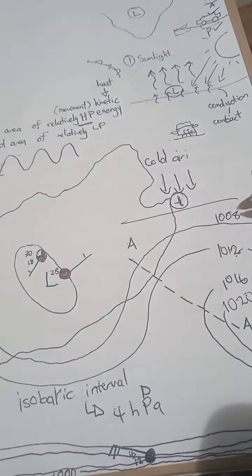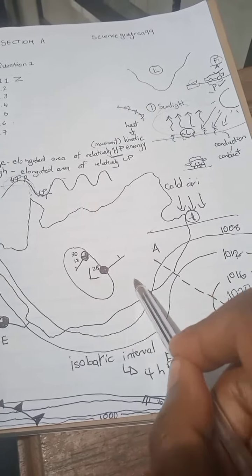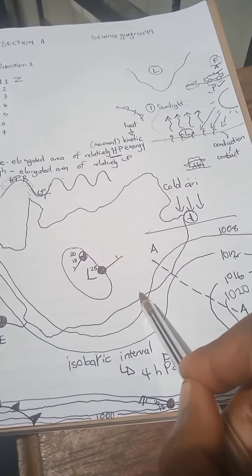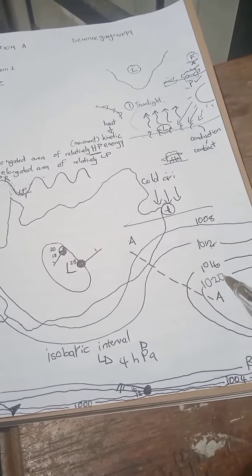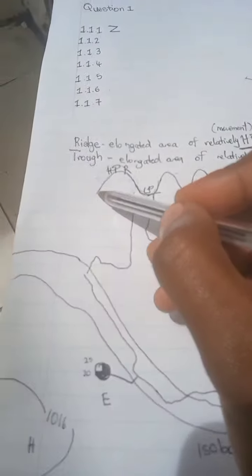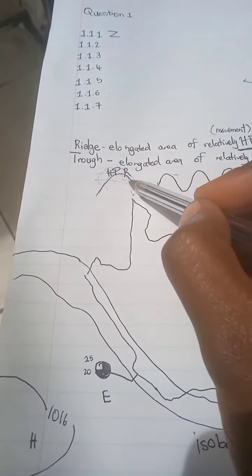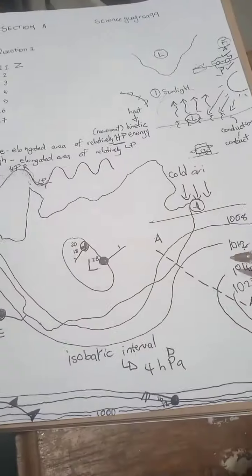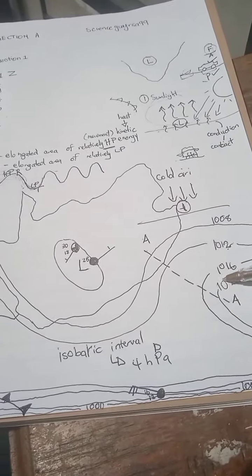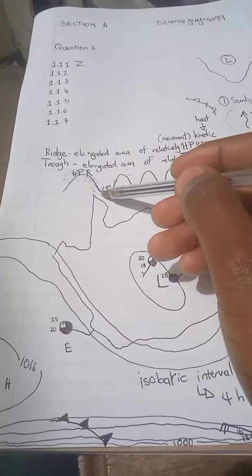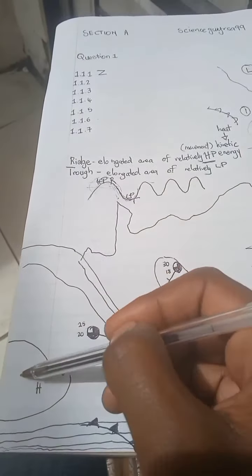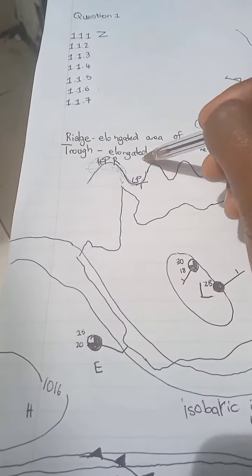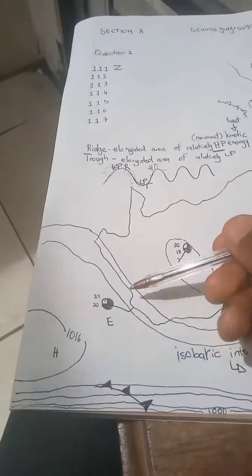Okay, so as you can see, if you're moving from this area going towards that side, you are increasing. You are basically going up in pressure. And so moving from this region towards that, you are going low in pressure, and then going high again. Okay, going that direction.